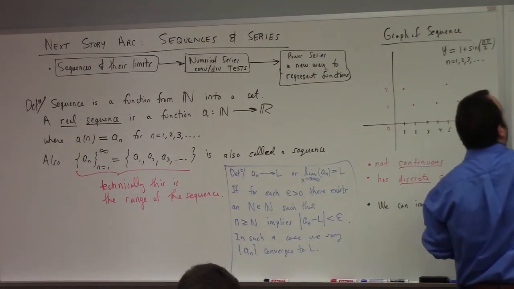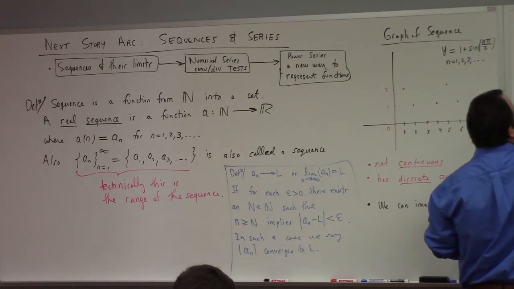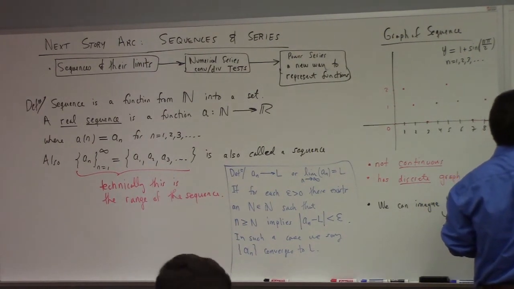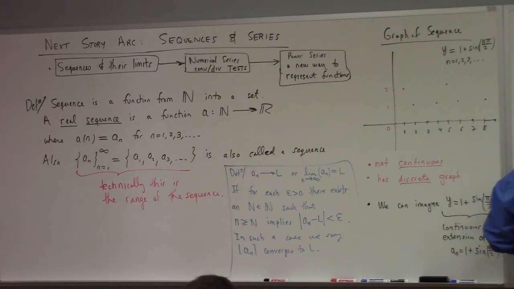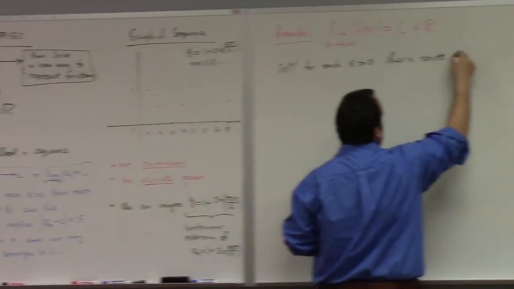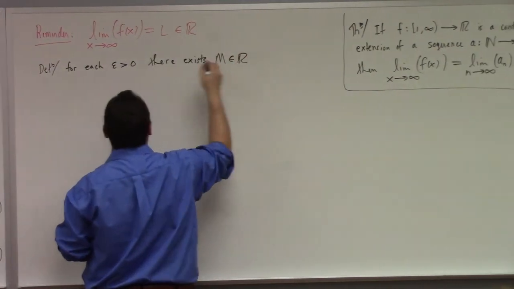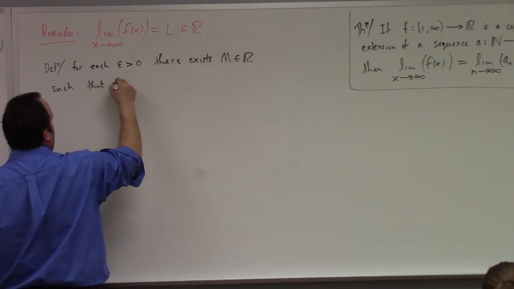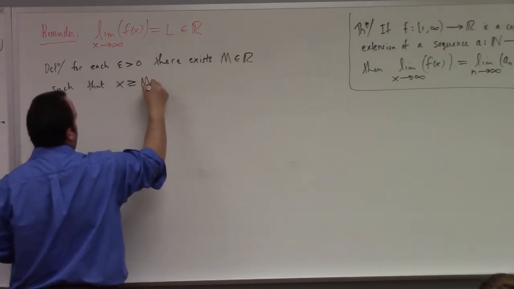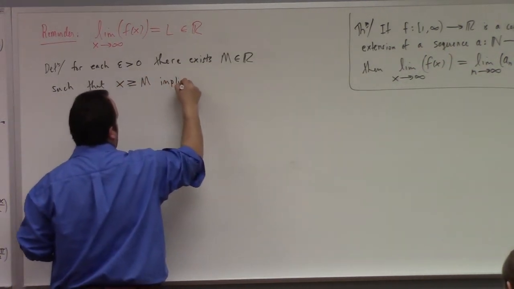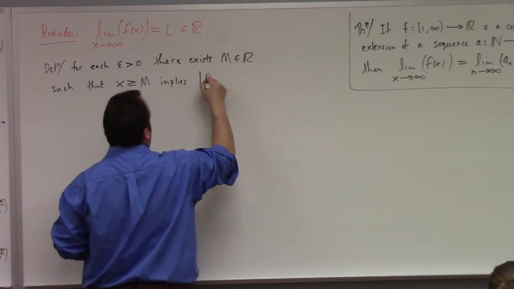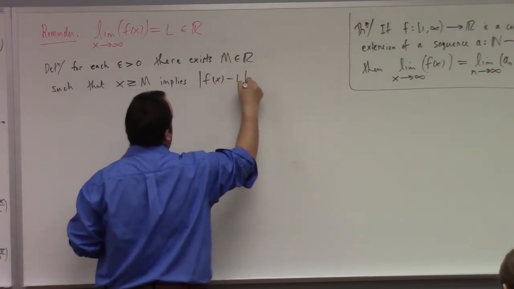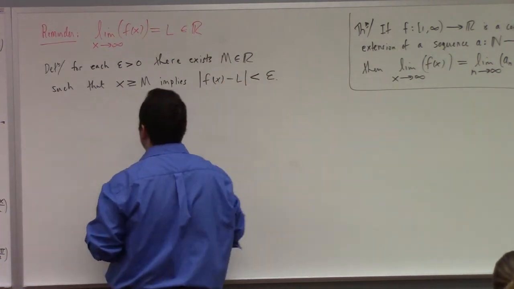Definition: for each epsilon greater than 0, there exists big M in the reals such that x greater than or equal to big M implies the absolute value of f of x minus L is less than epsilon.